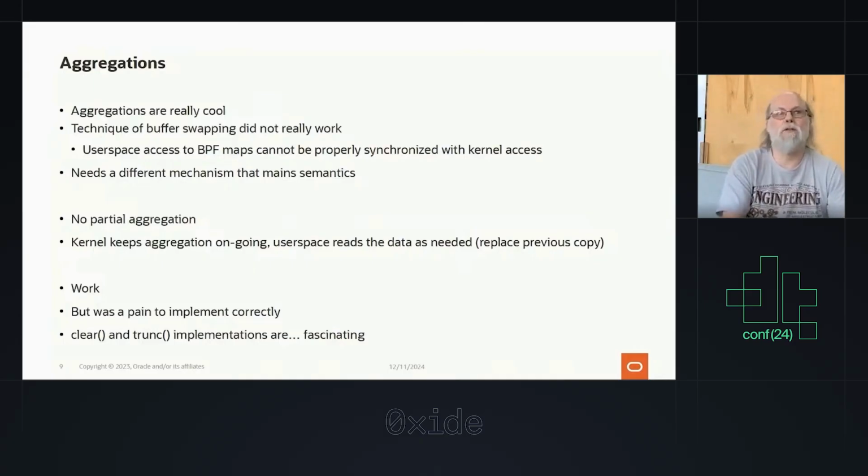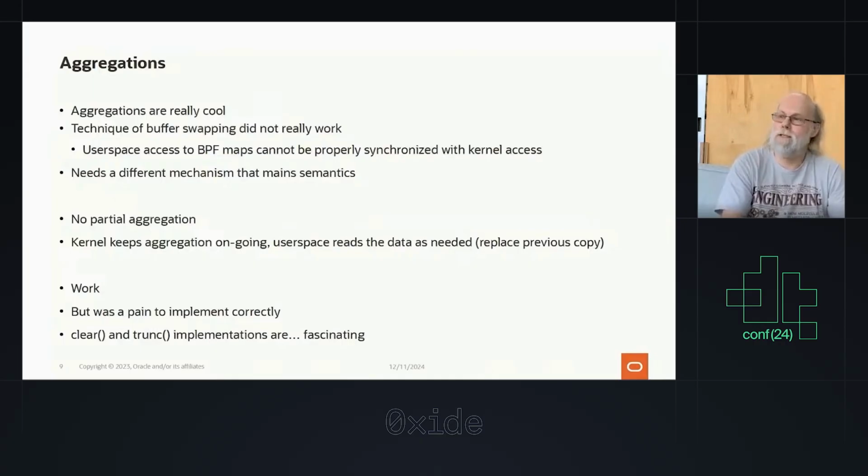That doesn't work, or at least we couldn't get it to work, because with access to a BPF map, which is where we had to store aggregations, there's no proper way to synchronize. You can't do locking in between user space and the kernel.